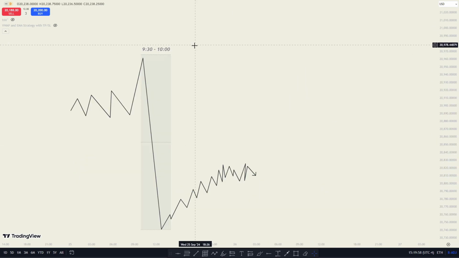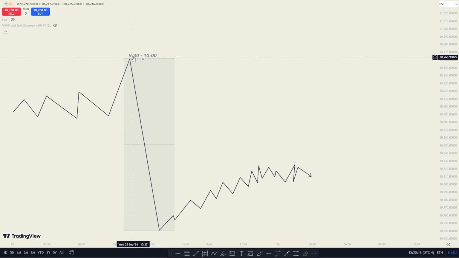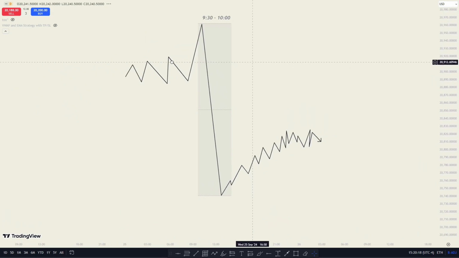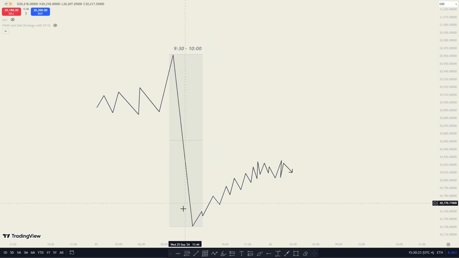The second way is if you see a big directional move at the opening range, then as I've taught in the first lesson, after expansion there will be retracement, reversal, or consolidation, and usually it's just a retracement, and you will see something like this happening.